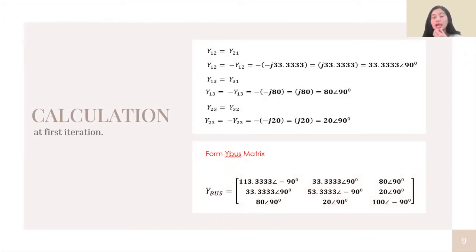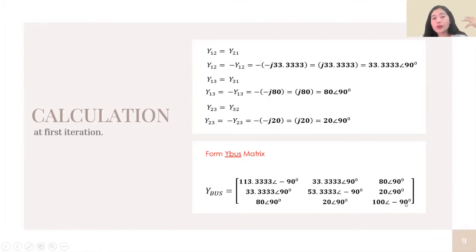So we put in our values: 33.333 at an angle of 90 is placed at y12 and of course y21. 80 at an angle of 90 is y13 and y31. Our y23 is 20 at an angle of 90, and likewise y32. And of course, our y11, y22, and y33 are the values flashed earlier.